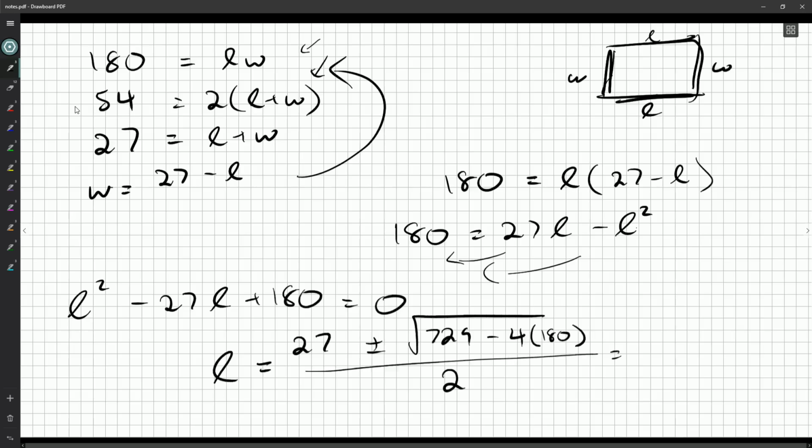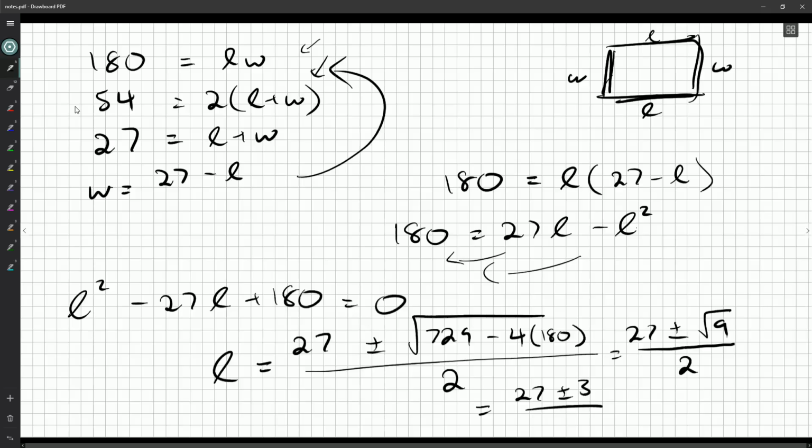So that'll be 27 plus or minus the square root of 9, all over 2. Just incidentally, 4 times 18 was 72, so it's 729 minus 720 leaves me a 9.